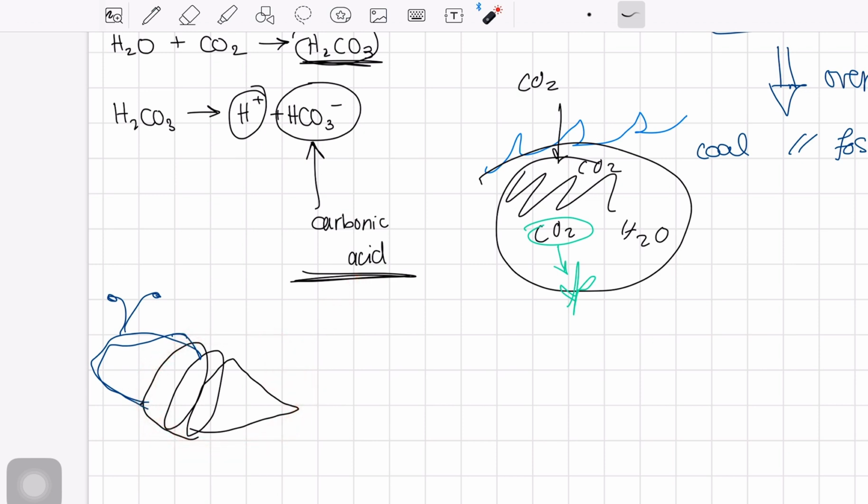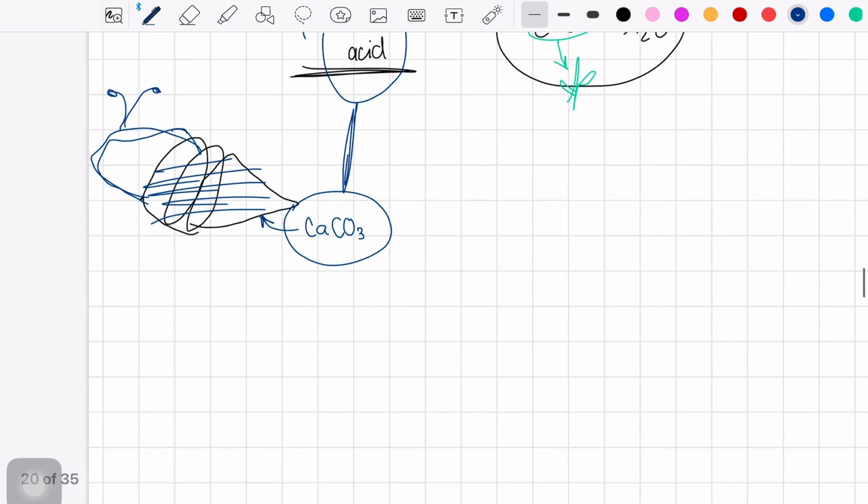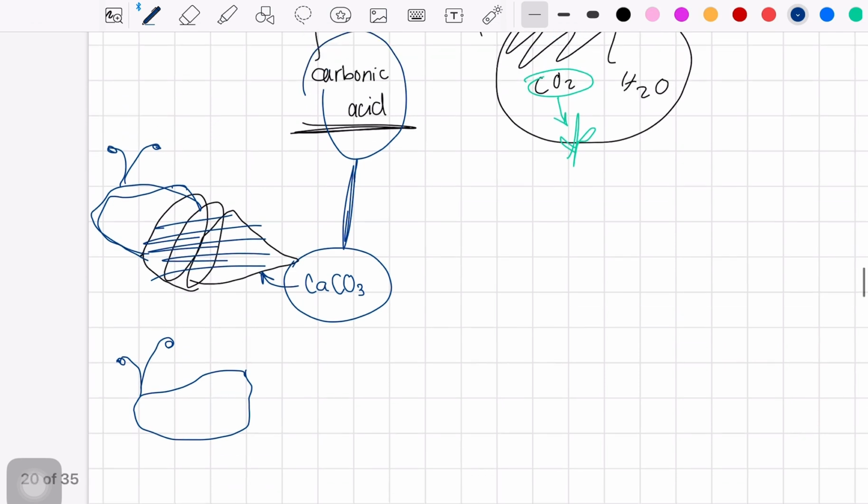So this shell is made out of calcium carbonate. This is what the shell is made out of. And the carbonic acid can dissolve the calcium carbonate and eventually thin this out completely so that we're only left with an exposed snail. Imagine a snail with no home. Imagine evicting the snail because of the carbonic acid in the water.